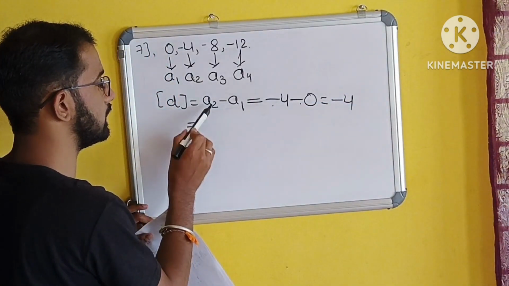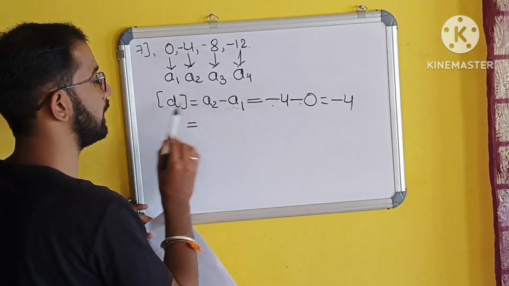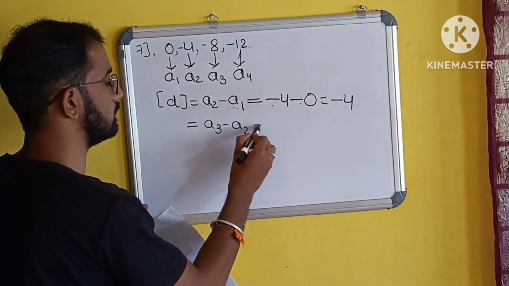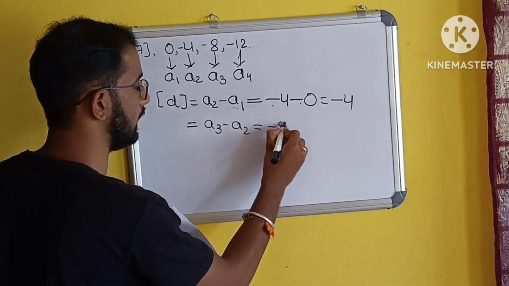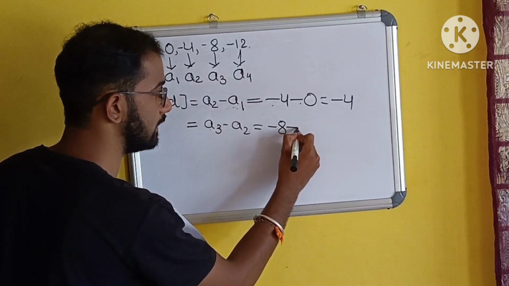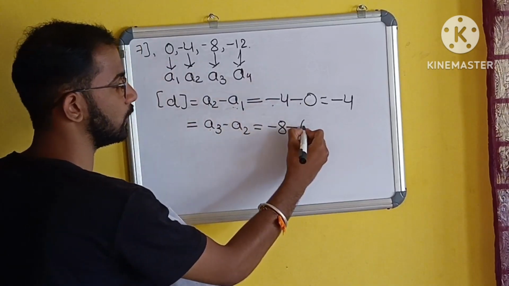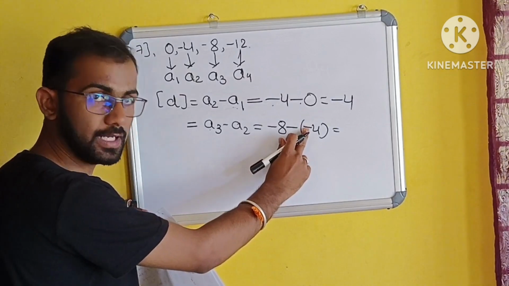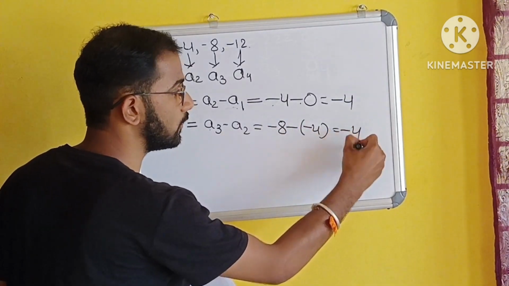Then the next difference, A3 minus A2. What is the value of A3? It is -4, minus the value of A2, which is -8... so minus into minus is plus. -8 plus 4 is -4.